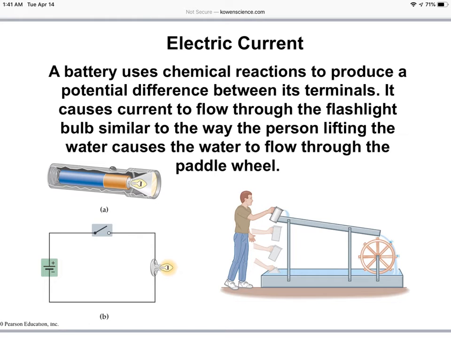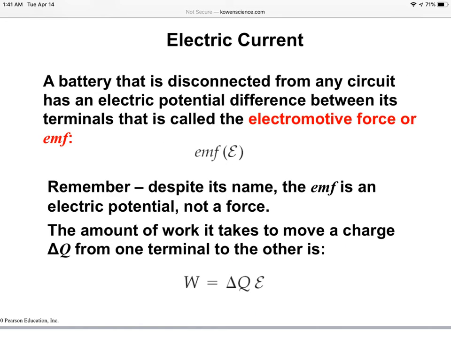If we look at an example, a battery uses a chemical reaction to produce a potential difference between its terminals. It causes the current to flow through the flashlight bulb, similar to the way the person lifting the water causes the water to flow through a paddle wheel. If a battery is disconnected from any circuit, it has an electric potential difference between its terminals.